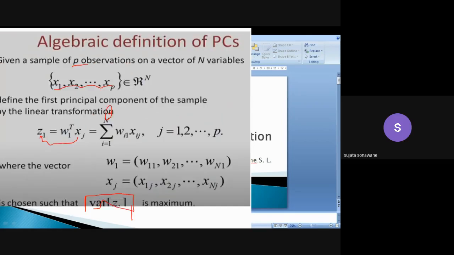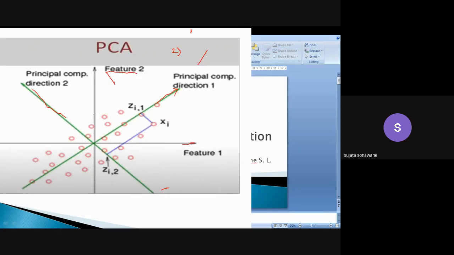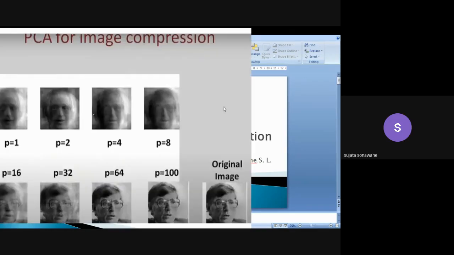Okay, now in this way you have to reduce this feature space. Now after that, we will see one application of principal component analysis.